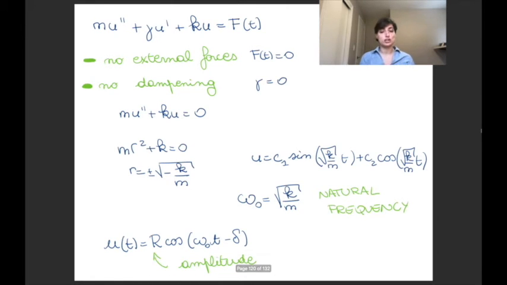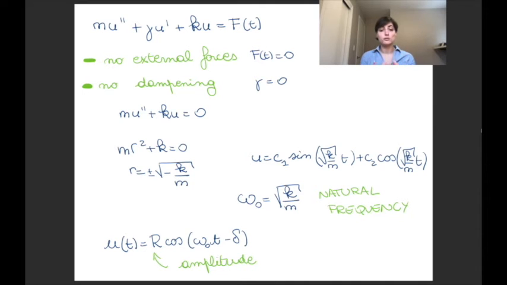That is, it's imaginary. So the solution is a combination of sine of square root of k divided by m times t plus another constant, cosine of square root of k divided by m multiplied by t. Both of these terms are periodic and have this coefficient square root of k divided by m in front of the time.